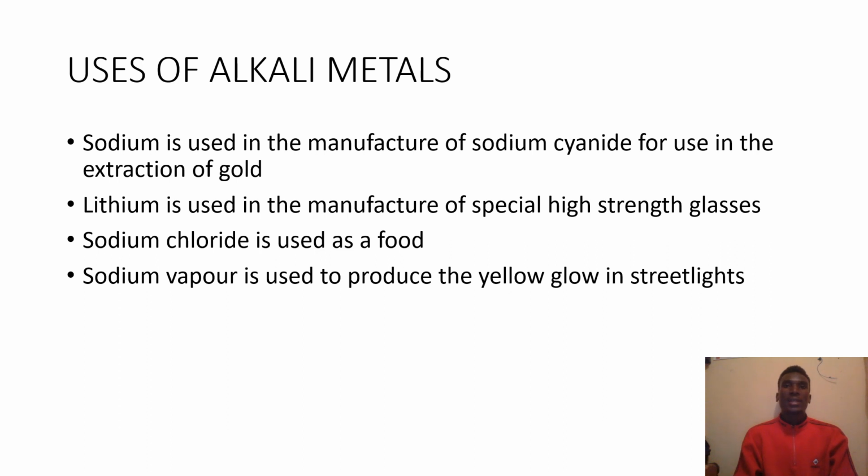And potassium reacts with the oxide ion to form potassium oxide. This is because the valency of oxygen is 2. Therefore, one oxide ion requires two alkali metal ions to combine with to form the corresponding oxide.